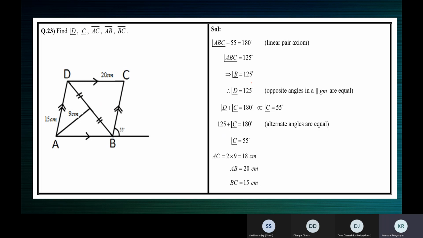If possible I'll do it today; otherwise I'll let you know on WhatsApp when the exam is ready. The portion is the full chapter, Understanding Quadrilaterals. You can prepare and write it anytime before Sunday.